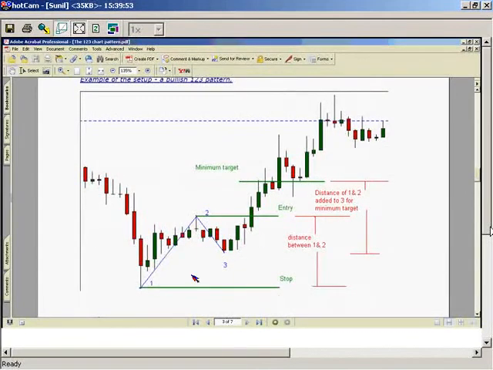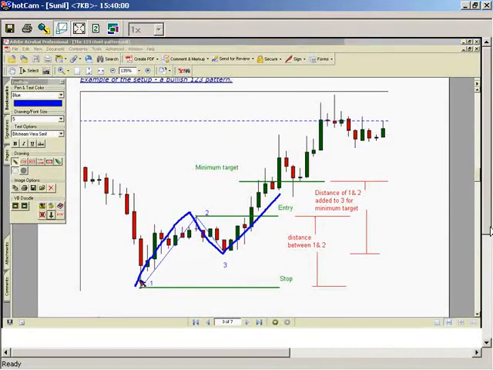Bullish chart pattern 1, 2, 3. Again, coming down to the point, Abel, look at it this way. Whenever you look at a chart pattern, looking back at something, it's very easy to say, oh, I could have done this and I could have done that. Consider yourself to be somewhere over here. You don't know what the price action is going to be, right?